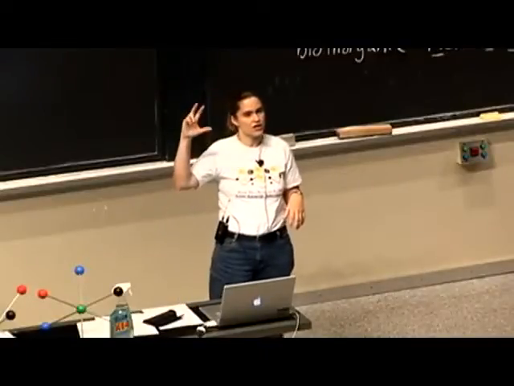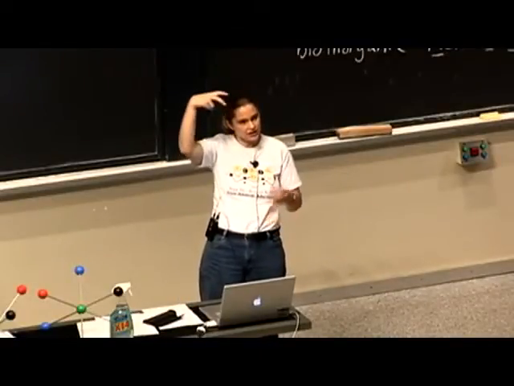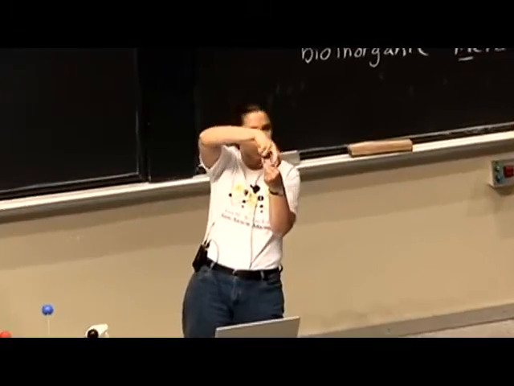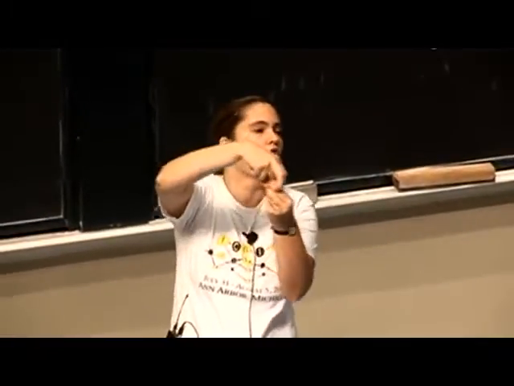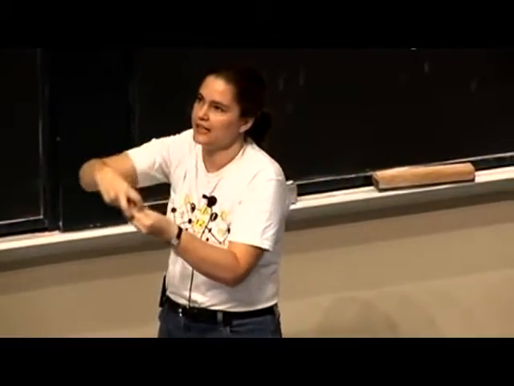Now, if a ligand attaches with two or more points of attachment, it can be called a chelating ligand. This comes from the Greek. Chelate is claws. So if it's attaching with more than one point of attachment, if the ligand is grabbing on, it's like a claw, and that's called a chelate.